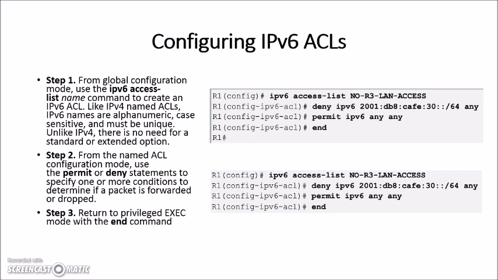As you can see, it's really easy to configure an IP version 6 ACL. You only have to create the access list, put the IP you want to deny or permit, and finish the configuration with the end command.